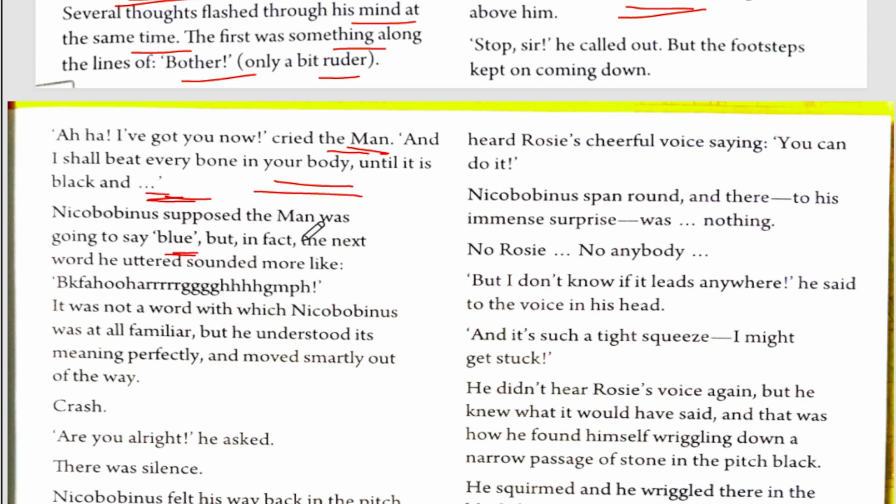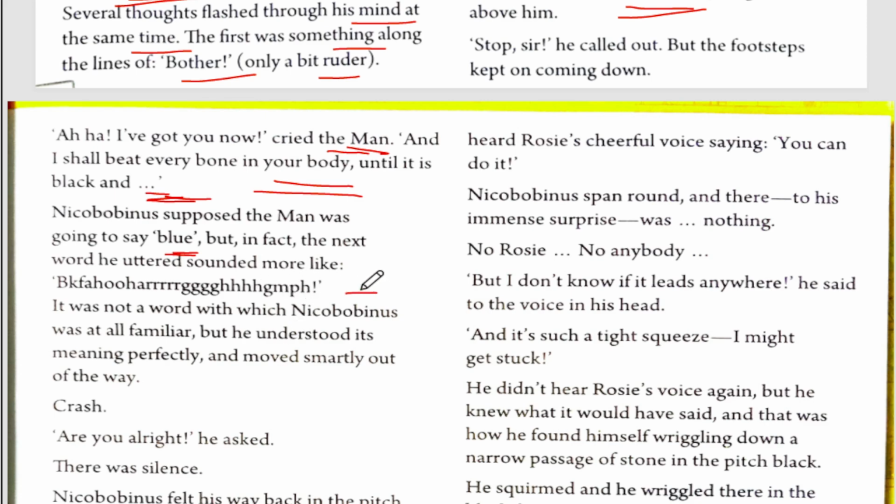Turned him blue means several marks of scars or afflictions would be visible on Nicobobinus's body. But in fact, the next word he uttered sounded more like "bravo." That means what is happening here? Actually, the man, while he was saying it, was not paying attention to the stairs, and because the stairs were very slippery, he had fallen down.